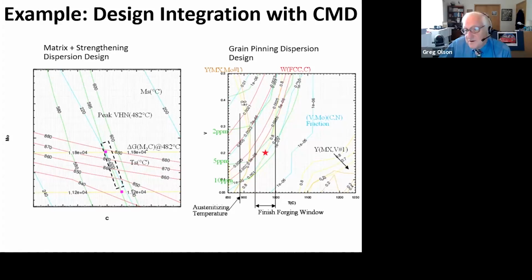So quite typically, we start from the last stage of processing, the nanoscale precipitation that meets the strength goals, and then back up to earlier stages of processing where we're also using these FCC, MC type carbides. In this case, we've got a composition variable in the process temperature.